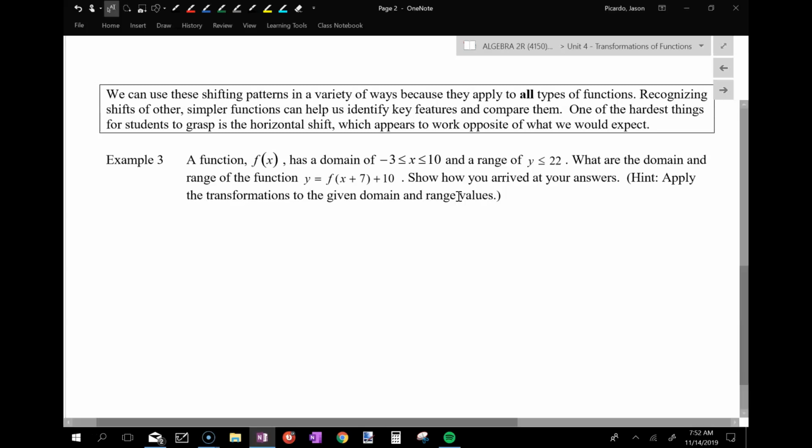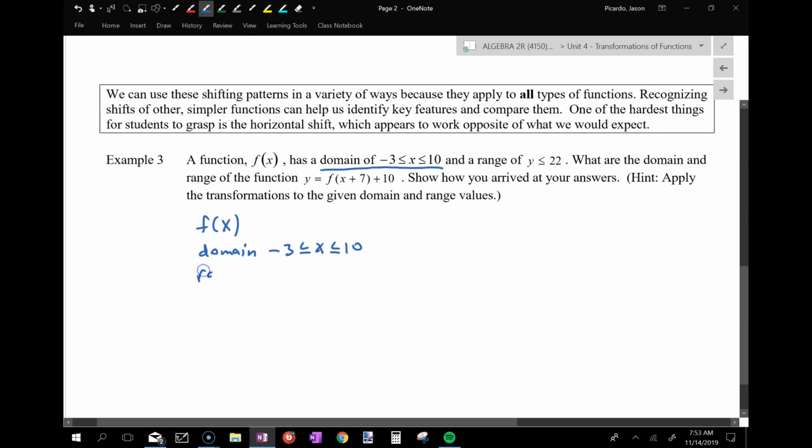It says that a function f has a domain of that and a range of that.